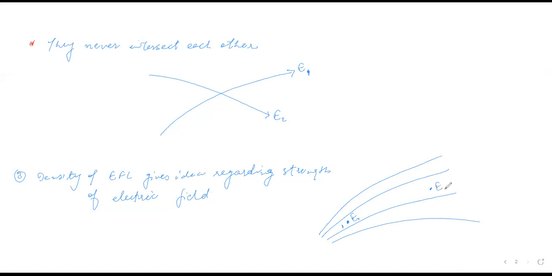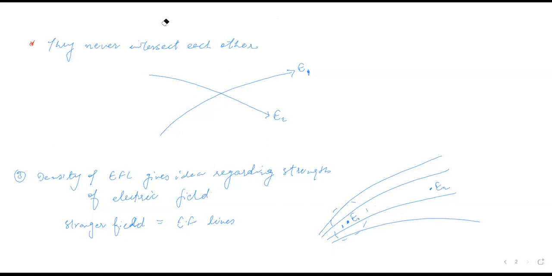So you can take electric field lines like E2. In this case, the stronger fields are represented by electric field lines which are closer to each other.